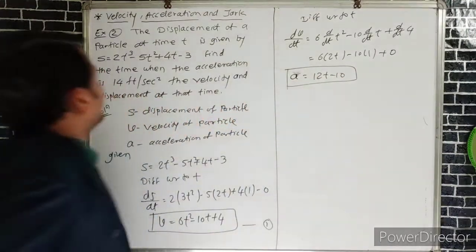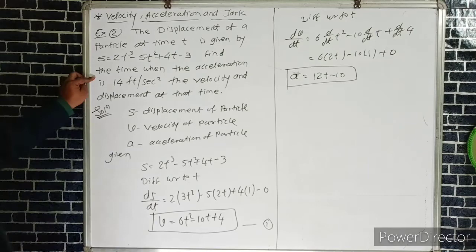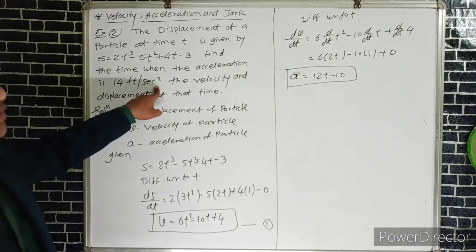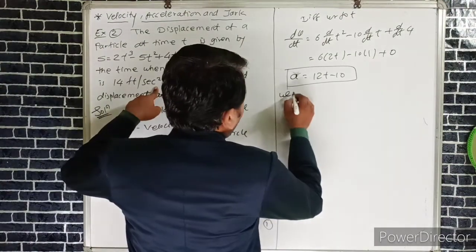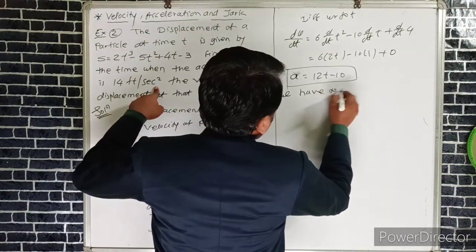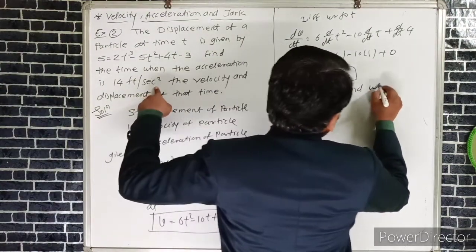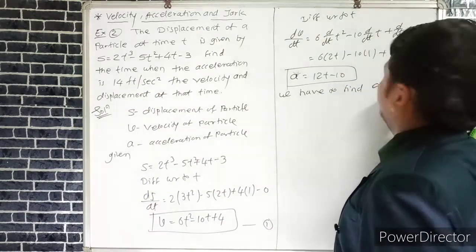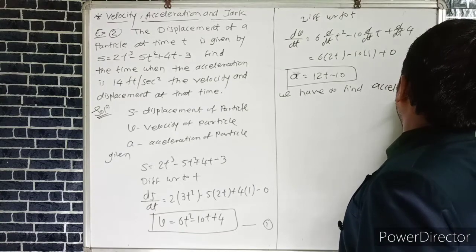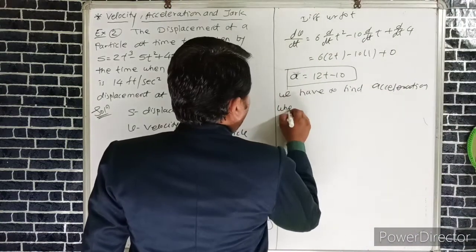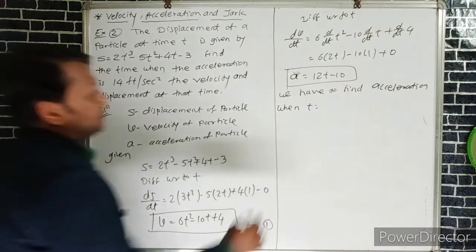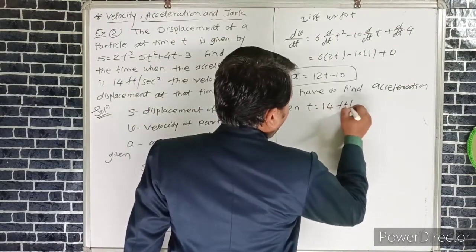But we have to find the time when the acceleration is 14 feet per second square. We have to find t when a is equal to 14 feet per second square.